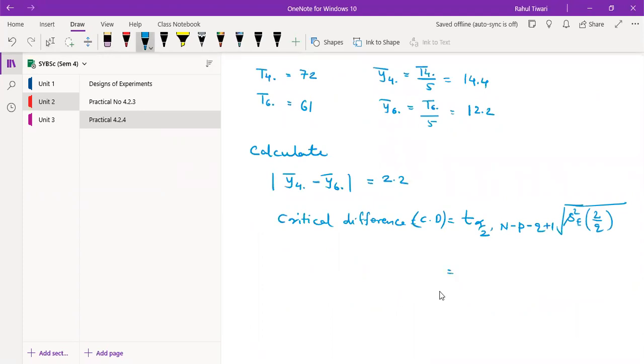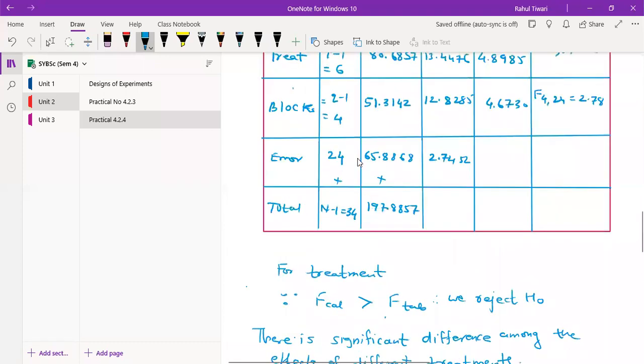This is equivalent to, so you can substitute the value of alpha, which is 0.05. So this is going to be T 0.025, comma, n minus p minus q plus 1, which is your error degree of freedom, which was, I think, this one, 24.